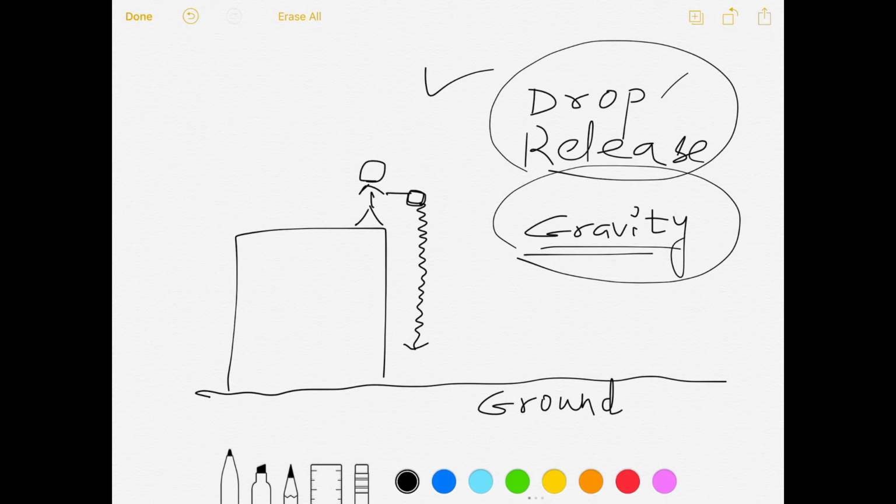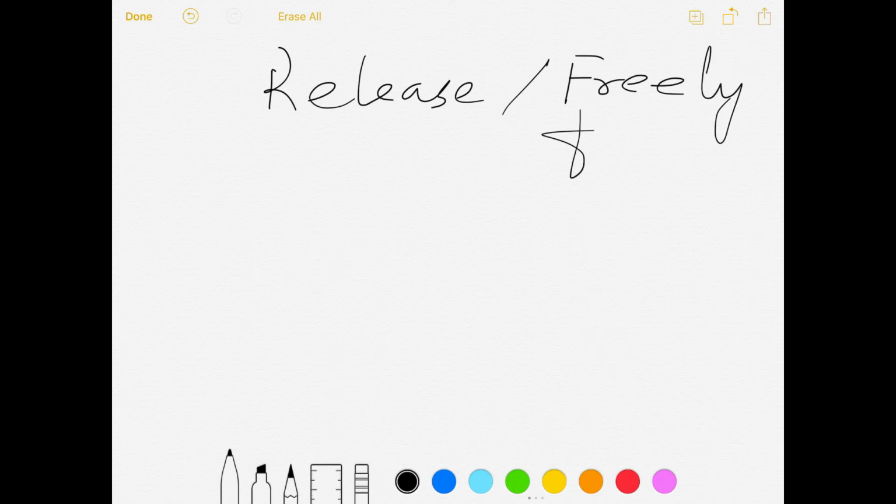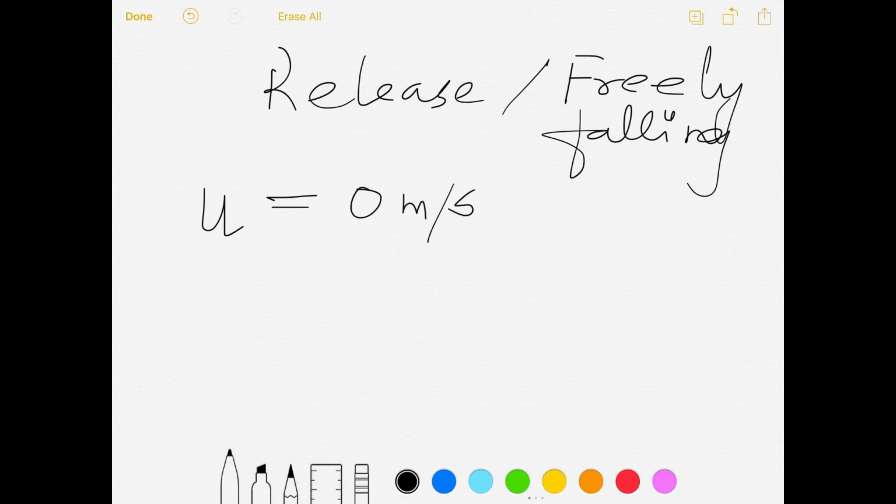So there are two new things coming into the picture. When the object is freely falling, that means you have not given the initial velocity to the object. You are just releasing it. That means the initial velocity will be equal to 0 meters per second.